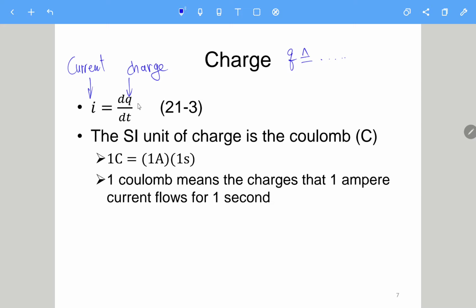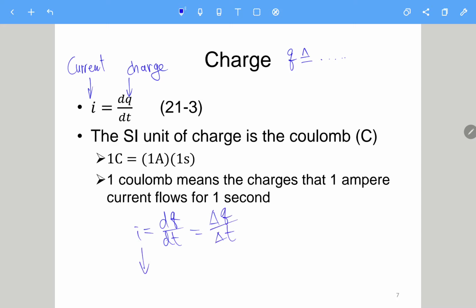The SI unit of charge is the Coulomb, and the SI unit for current is the ampere. So I equals dq dt, or you can understand it as delta q over delta t.